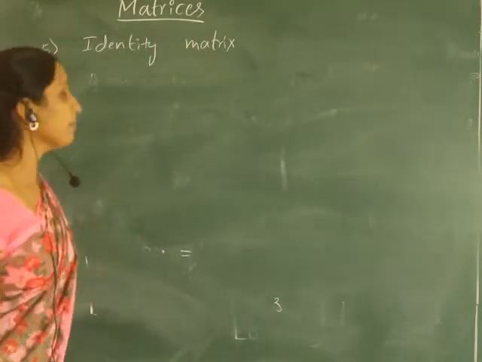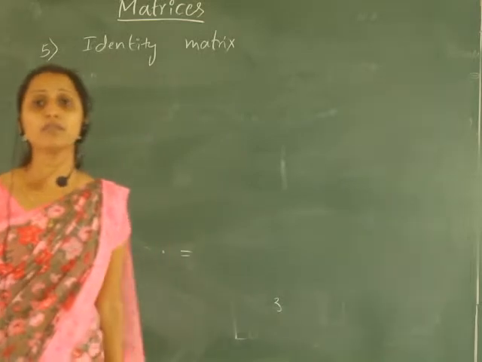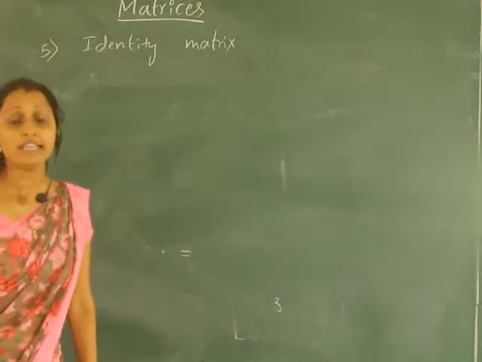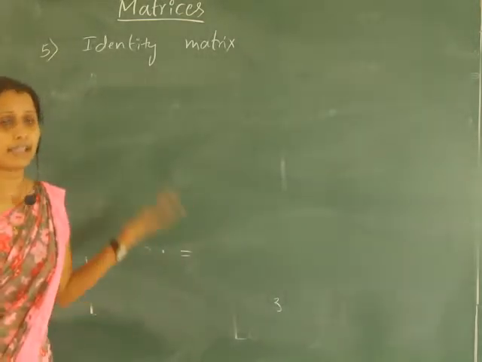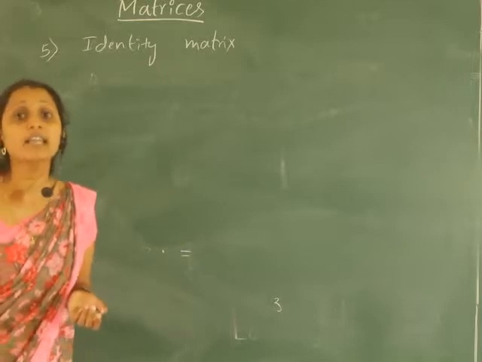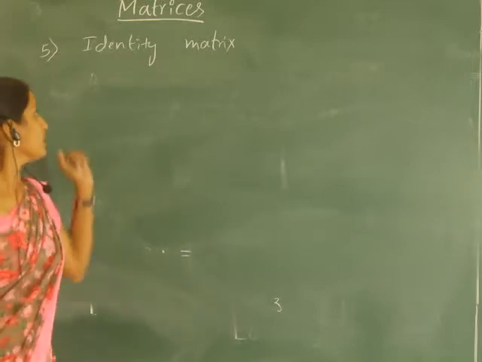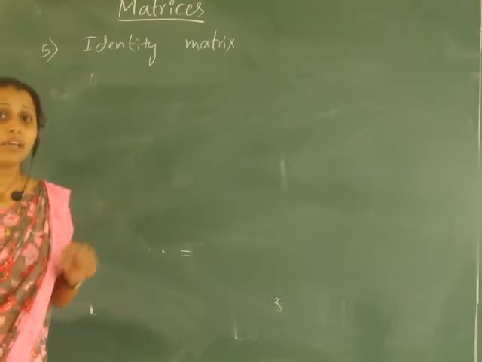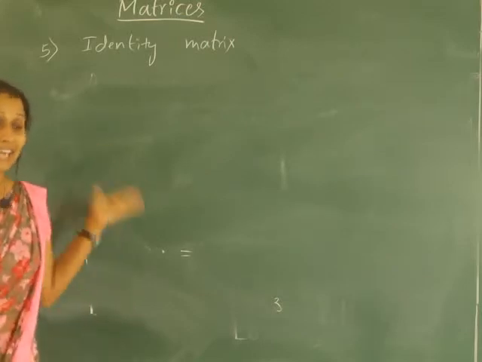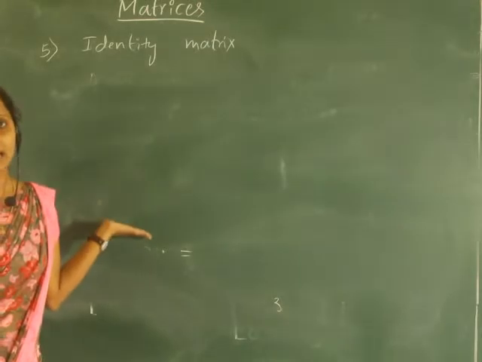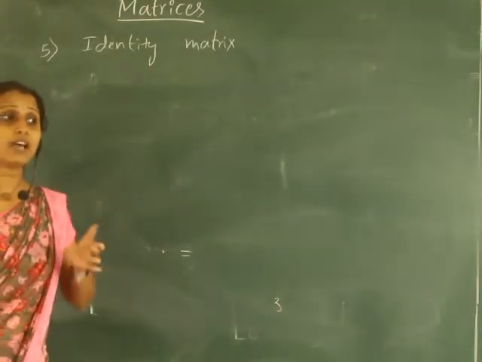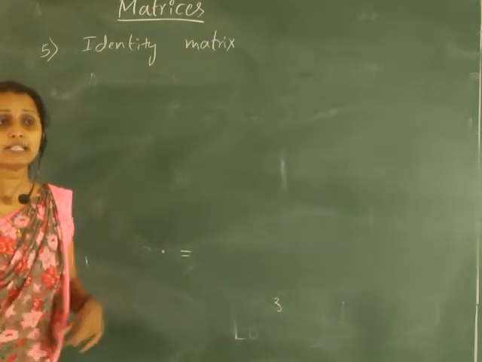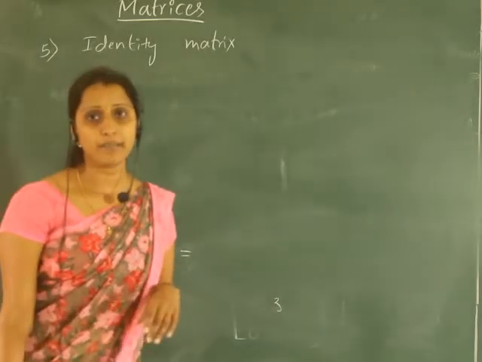So identity matrix is one more type of matrix; we can say it is a square matrix, a diagonal matrix, or a scalar matrix also. In the scalar matrix, if the diagonal elements are 1, then it is called an identity matrix.